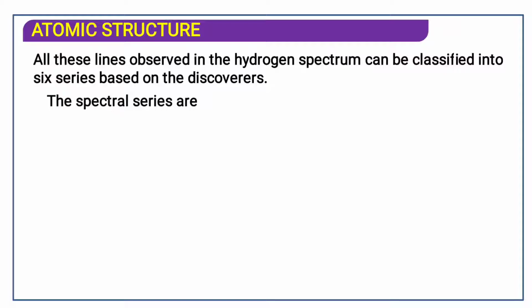When hydrogen gas is subjected to heat, it emits a bluish light. That bluish light, when it passes through the prism, gives component colors of light. That component light is said to be a spectral series. So in hydrogen they have observed these 6 types of series.